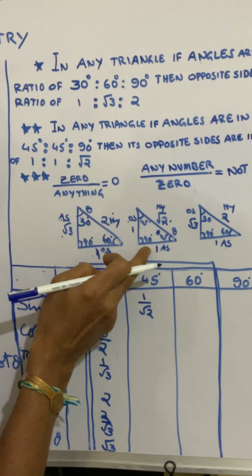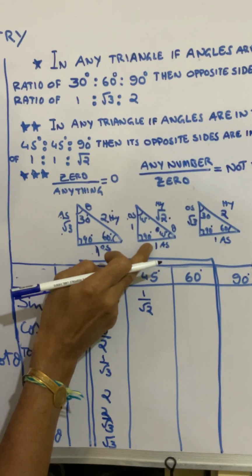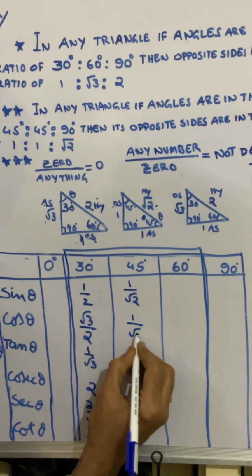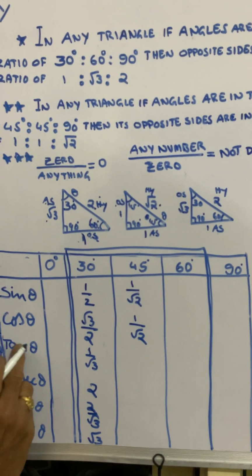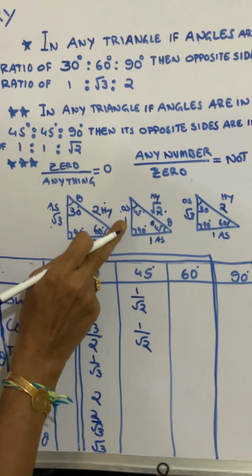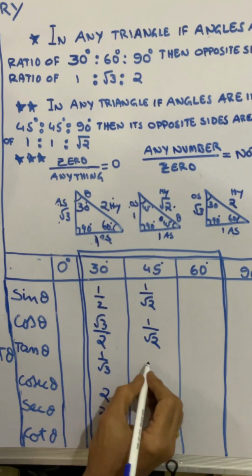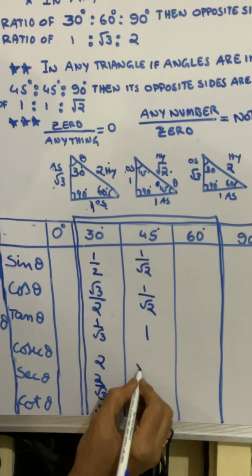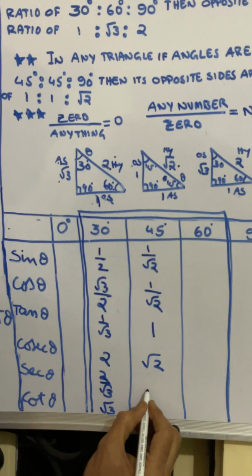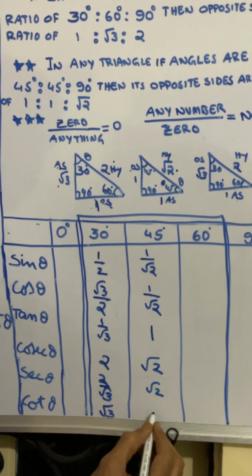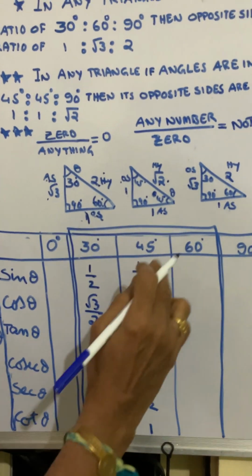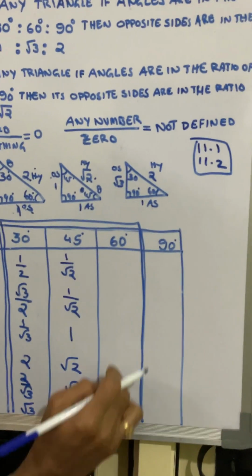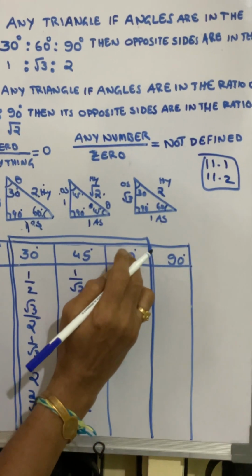Cos 45, adjacent side by hypotenuse, again equal to 1 by root 2. Tan, opposite side by adjacent side, so 1 by 1, 1. Reciprocals of these: root 2, root 2, 1.